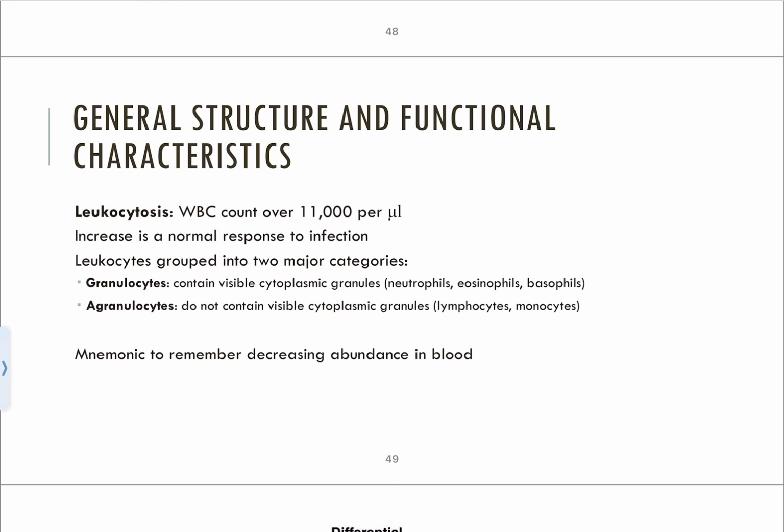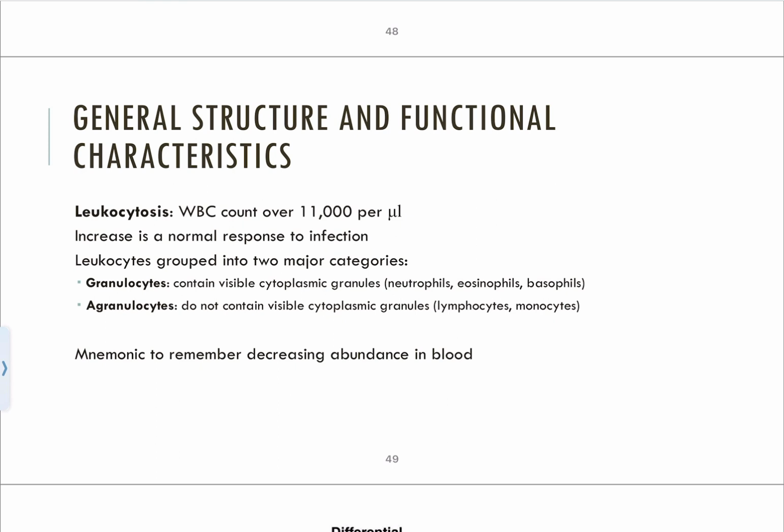I would also recommend that you understand that these leukocytes, the specific types, are not present in the same quantities. So we actually have huge amounts of neutrophils and hardly any basophils in our body at any time. So order of abundance is always a good thing to know.